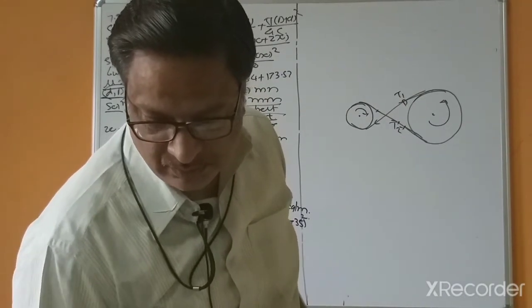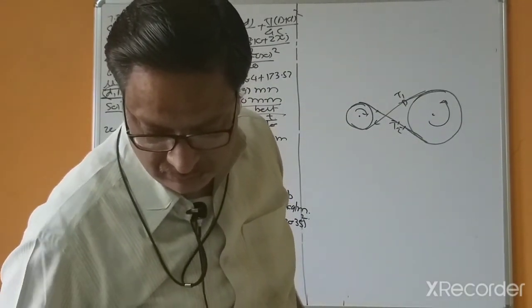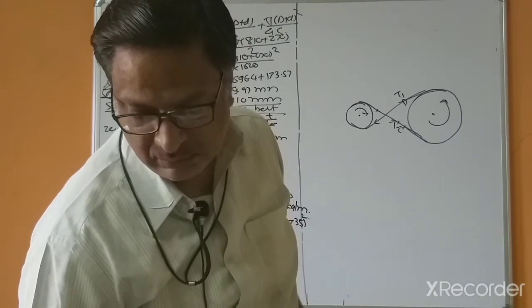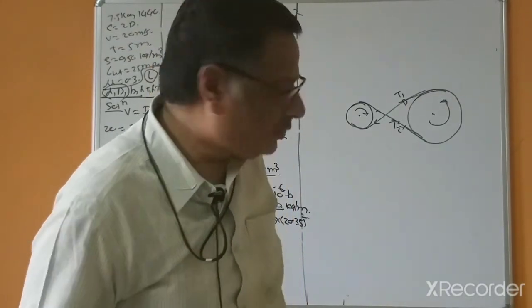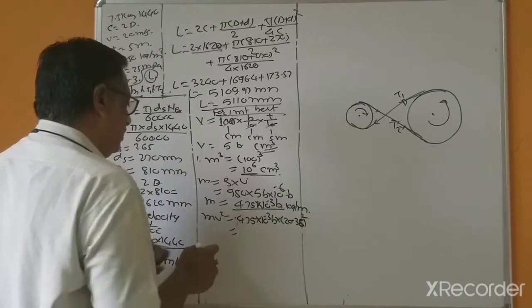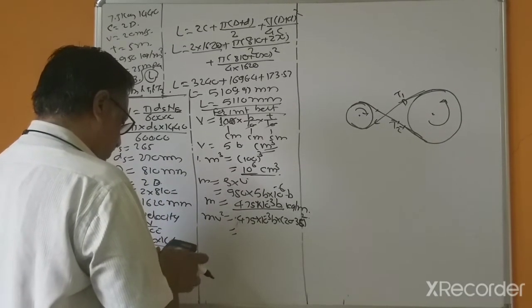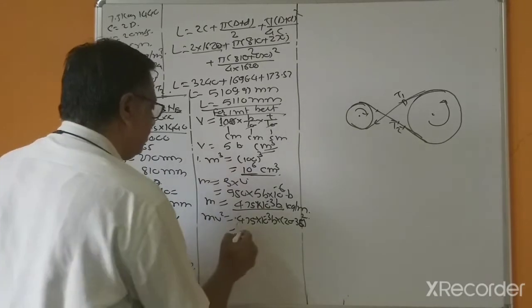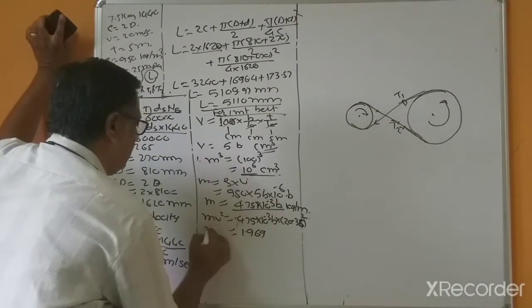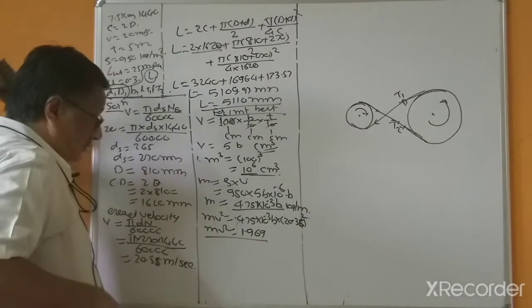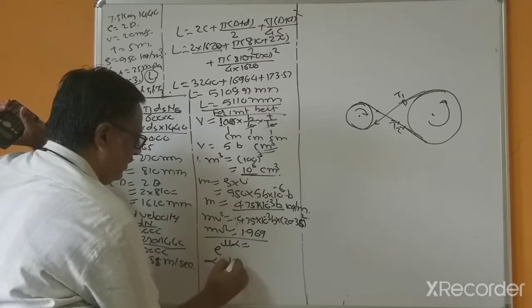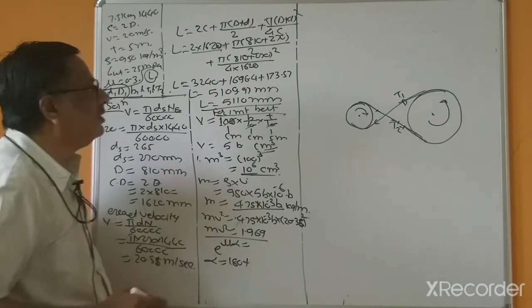V equal to 20.36. Bracket square is 1.969. mv square equal to... e to the power mu alpha equal to... now this is cross belt.